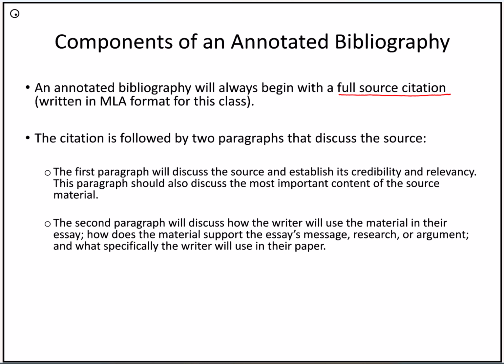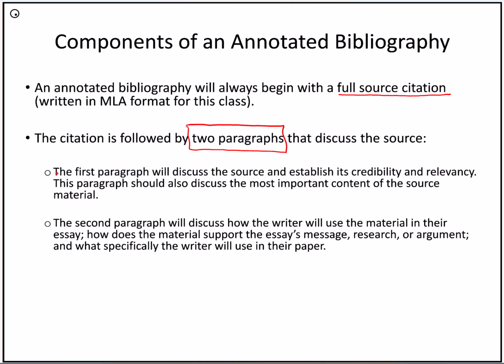You're not going to need to have a works cited page that cites the source you're putting in there, because you're going to list that first with each source. So the full source citation that you would normally save for your works cited page is going to go before you discuss your source. And then that is going to be followed up by two paragraphs.